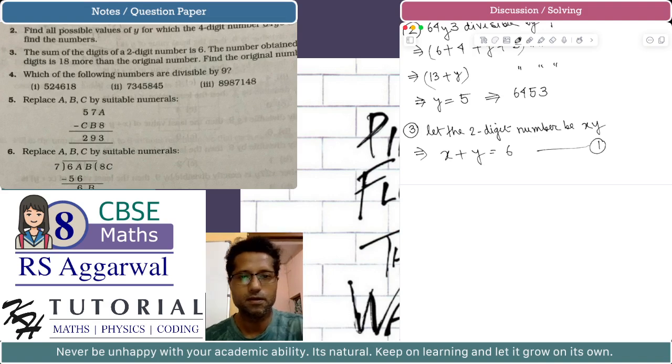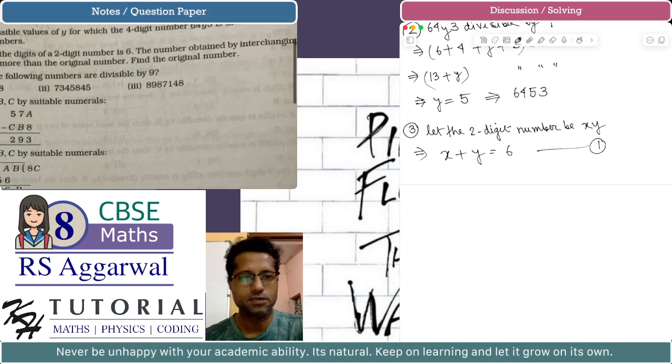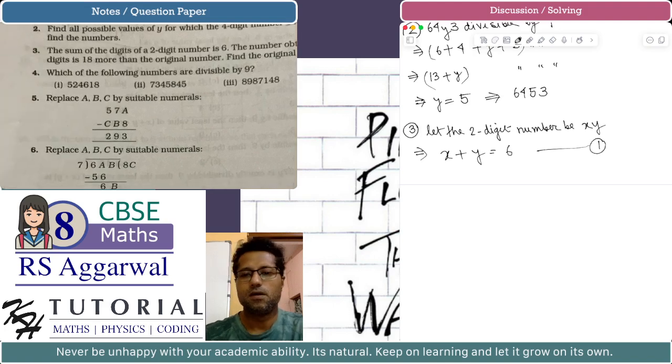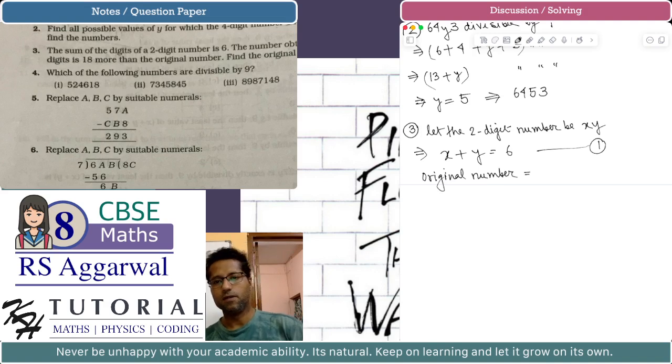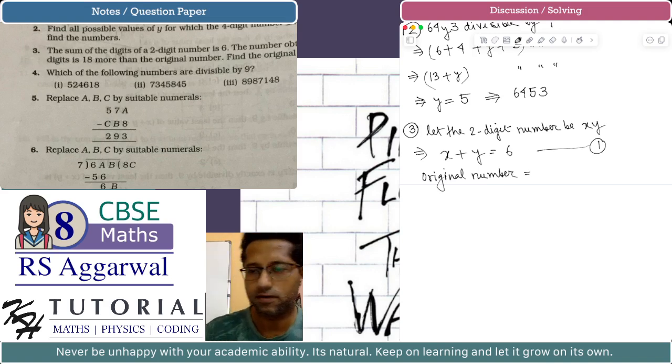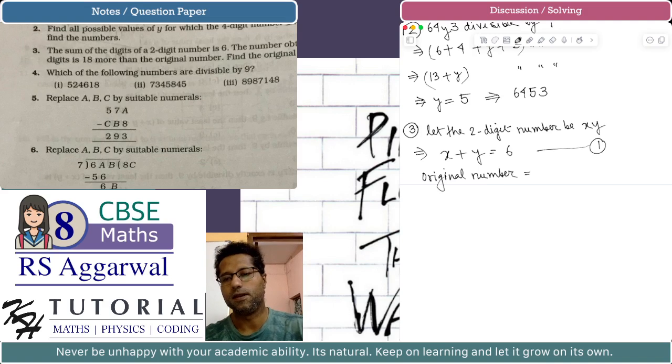What else is given? The number obtained by interchanging its digits is 18 more than the original number. We know that a 2-digit number xy in general form is 10x plus y. So this is the original number.